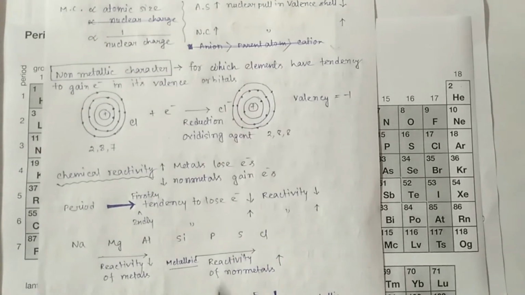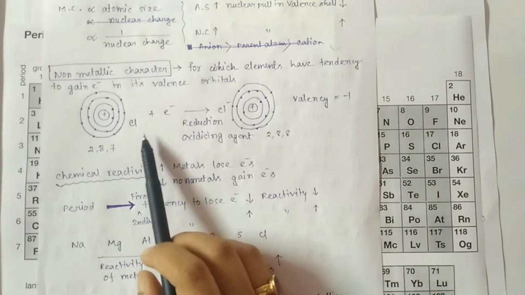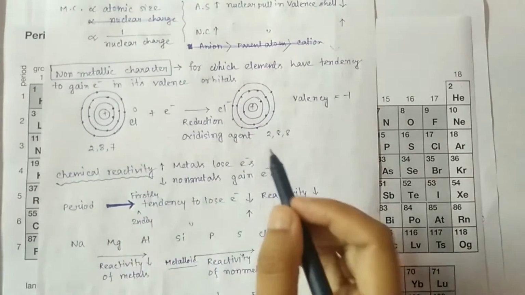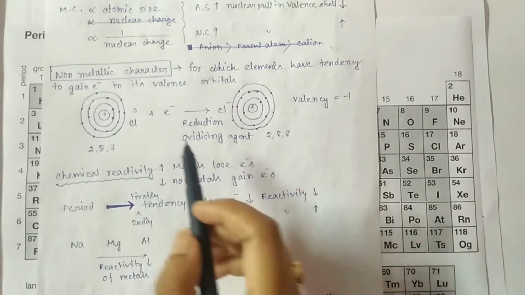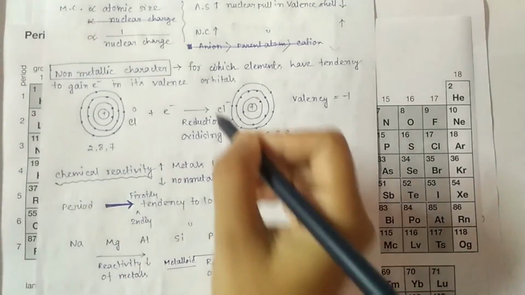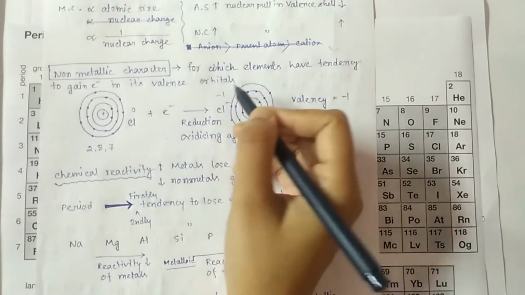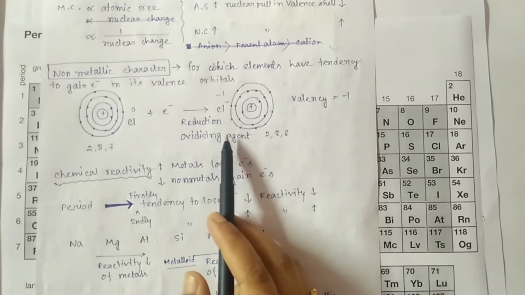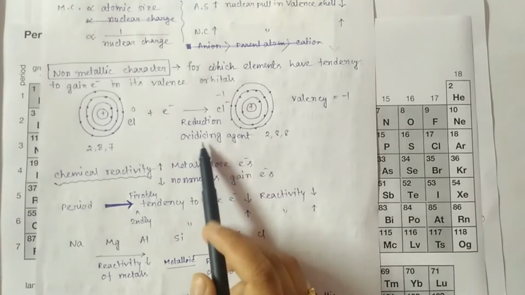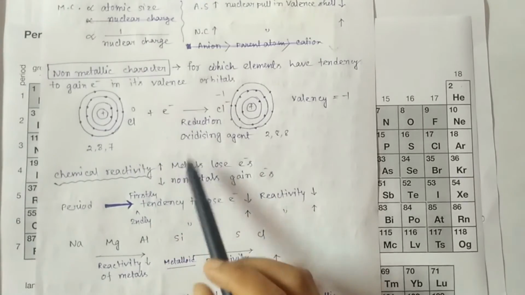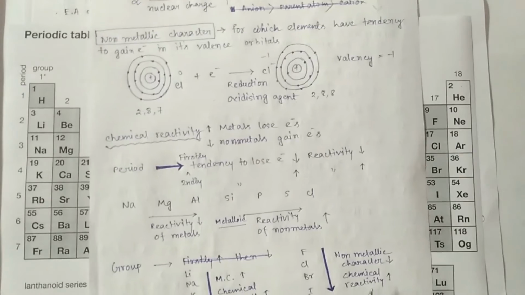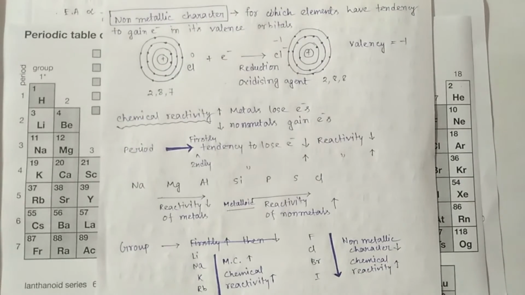So this is a reduction, because chlorine has oxidation state 0, and when it gains 1 electron, its oxidation state becomes -1. That is why its oxidation number gets reduced, and this is called reduction. As it is accepting an electron, it is an oxidizing agent. That is why chlorine gas always reacts like an oxidizing agent.